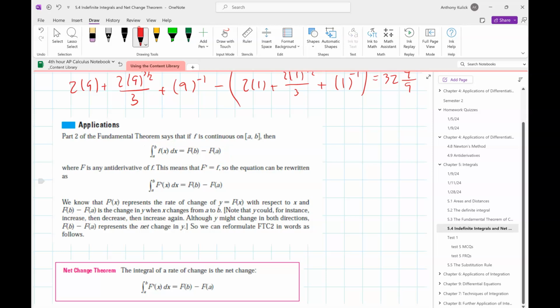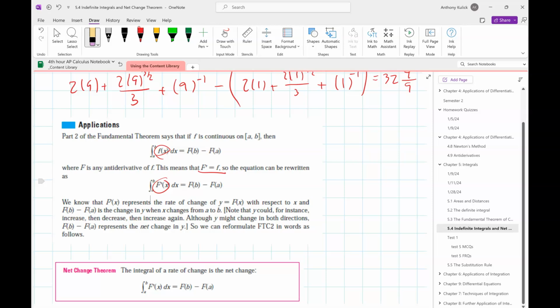Remember, cap F is the antiderivative, and evaluating at b is just plugging in b. So that means the derivative of capital F should be just little f, right? So if I integrate the derivative of cap F, that's doing the same thing. If cap F and little f are the same thing, then these things are the same thing, right?